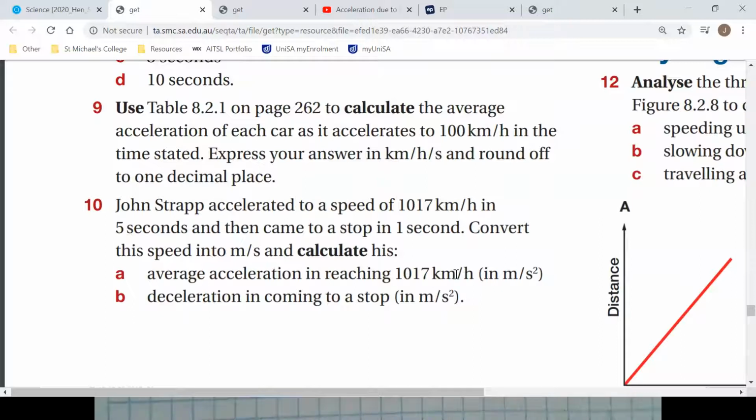Convert this speed into meters per second and then calculate his average acceleration in reaching 1,017 kilometers per hour and the deceleration in coming to a stop. Alright, so the first thing that we're going to do is do the conversion. So we want to convert this into meters per second. So from going from kilometers per hour into meters per second, we said that we divide by 3.6.